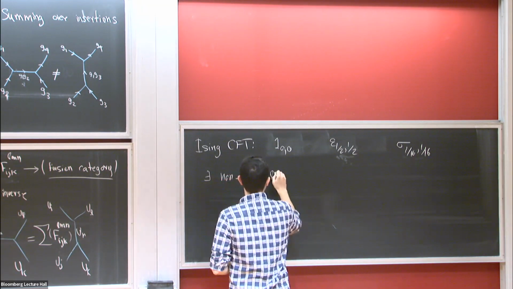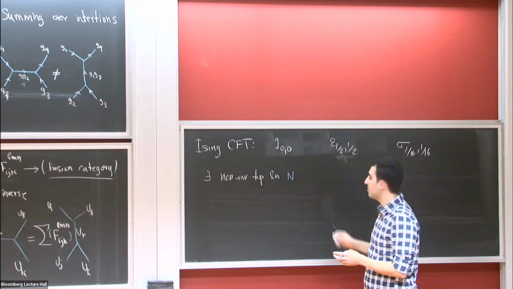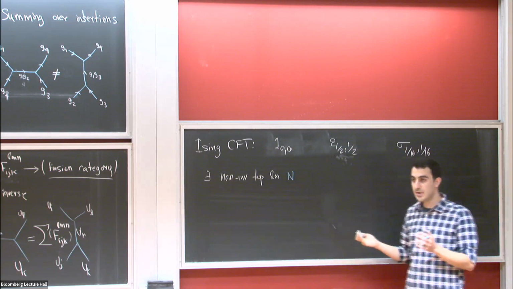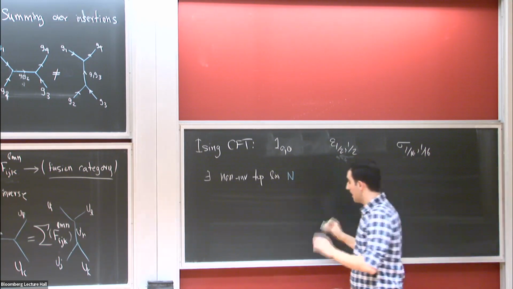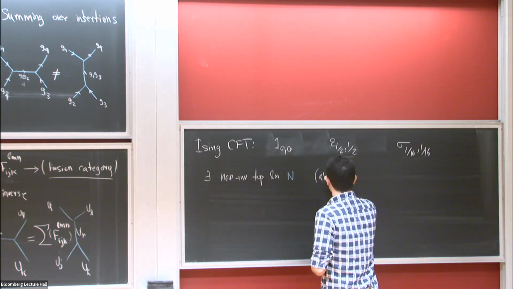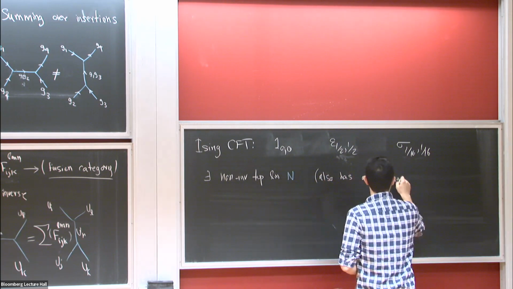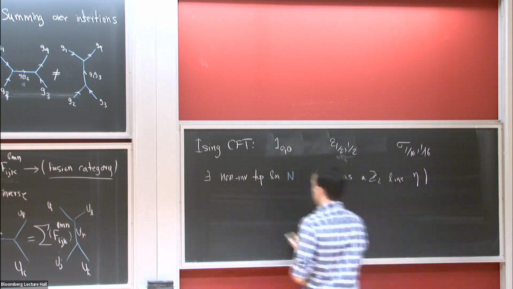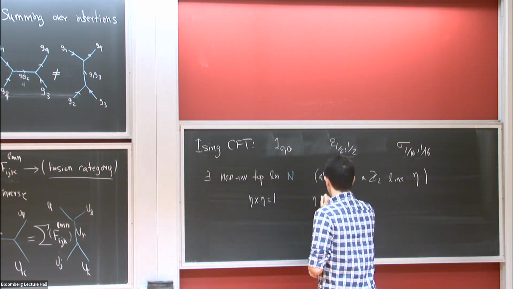So there exists a non-invertible topological line, let me call this N, which implements the Kramers-Wannier self-duality of the theory. But I don't want to get to that story. So there is some non-invertible N. And what's the fusion rule? It also has a Z2 line, which I call eta. The full fusion rule is that eta times eta is 1 because that's Z2.